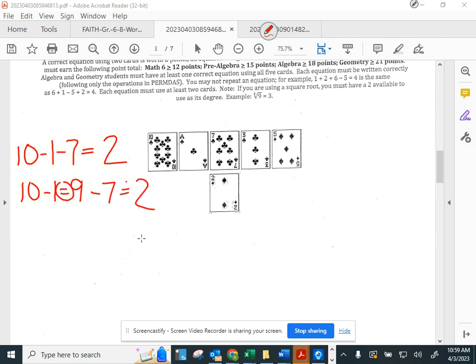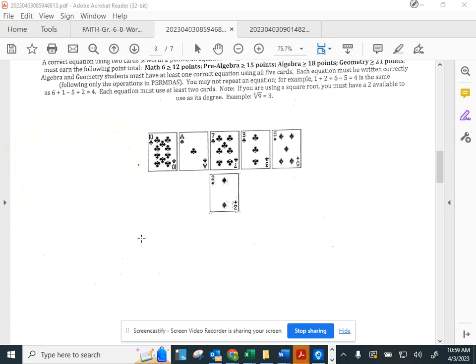That doesn't work because we have multiple equal signs. There should only be one equal sign in your equation. You can do this off to the side to work it out, but your final answer should only have one equal sign. Does that make sense? Okay.